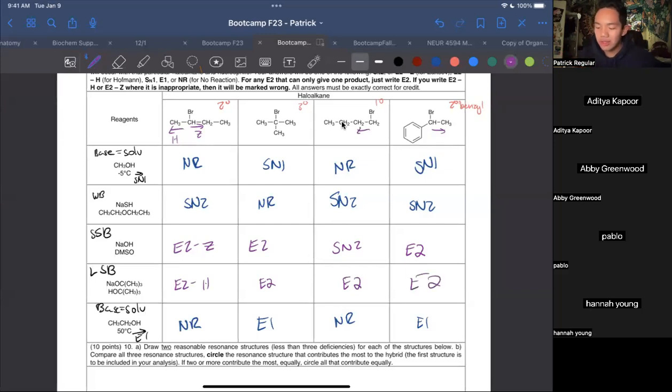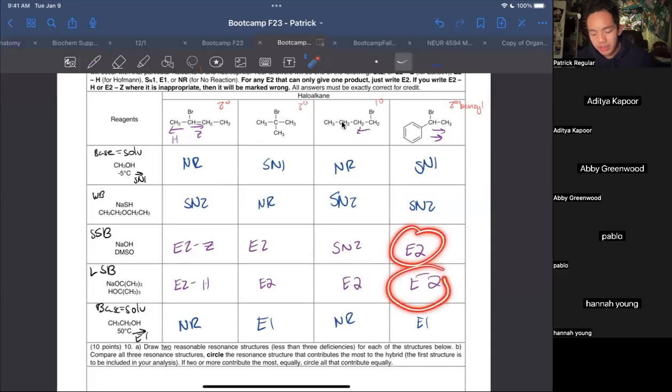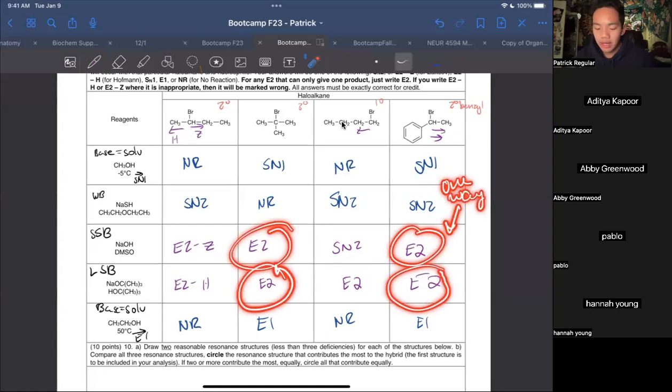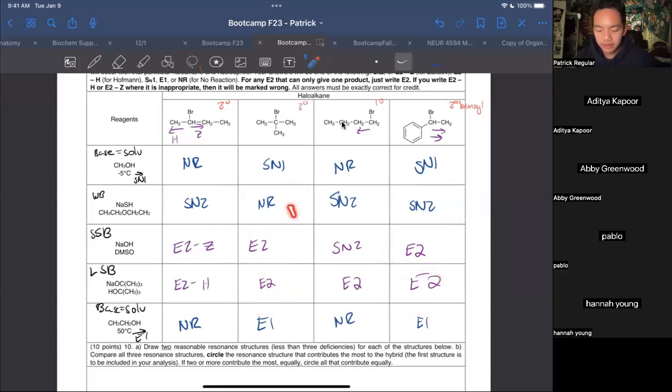This one is also E2, there's only one way to go. Even though these would normally be Zaitsev and Hofmann, there's only one way to go here, and there's no regioselectivity.